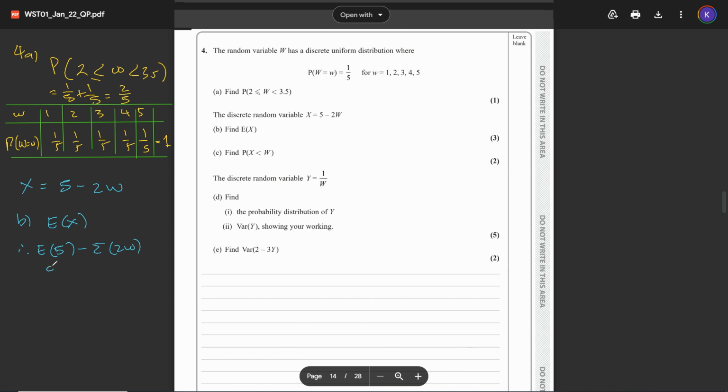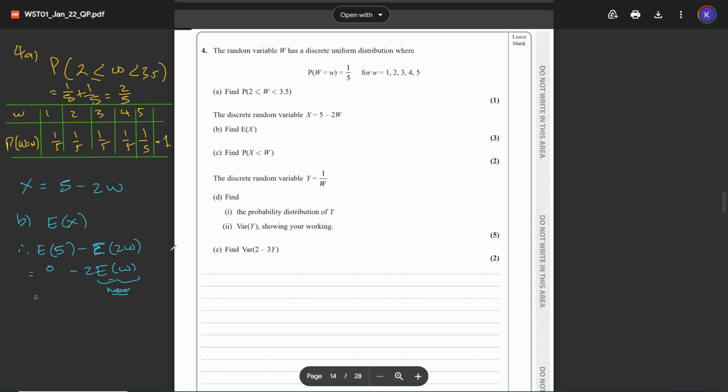The expected value of a constant would be 0. And this would be 2 times the expected value of W. So this is going to be equal to that over there. Now, the expected value of W is the mean of W, and we know what the mean is.